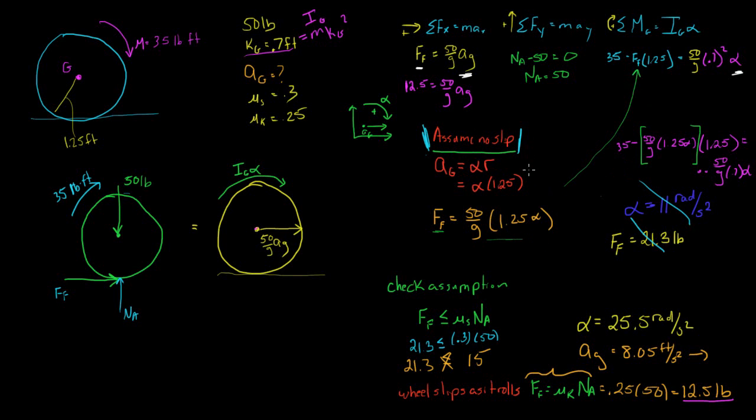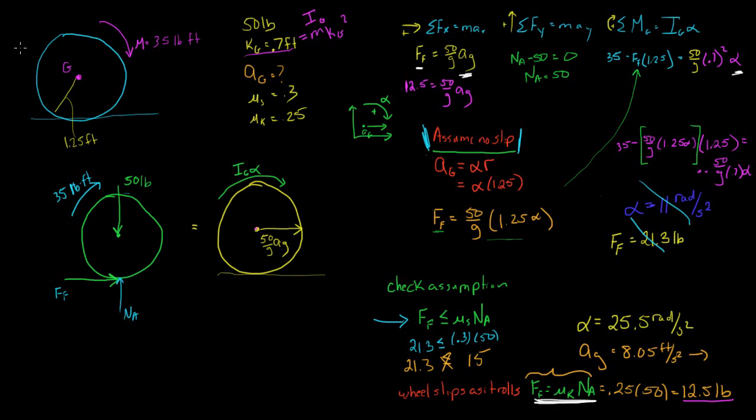In order to check, we use this equation: the frictional force is less than or equal to the coefficient of static friction times the normal force. And if this assumption is correct, we're done with the problem. Our answers are correct. If this check is not true, and our frictional force is greater, like it was here, then we need to throw out the results we had and use this expression for the frictional force.